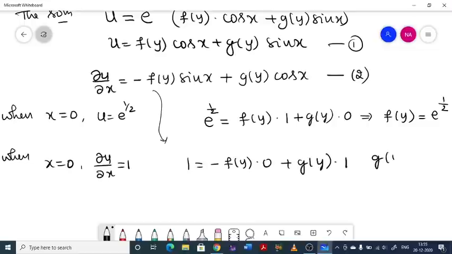So g of y will be 1. Therefore u equal to e power 1 by 2 into cos x plus 1 into sin x. So this is the required solution.